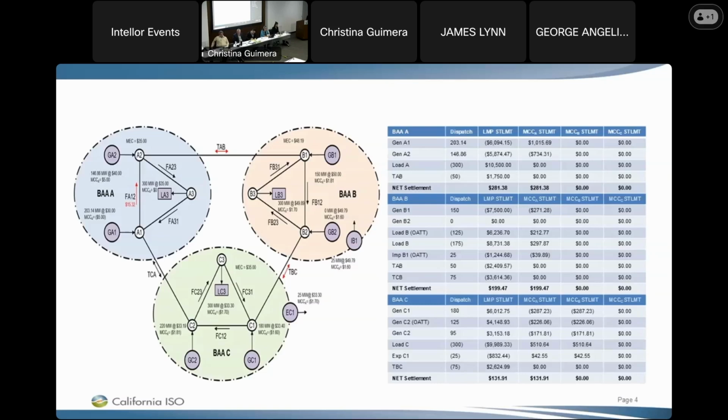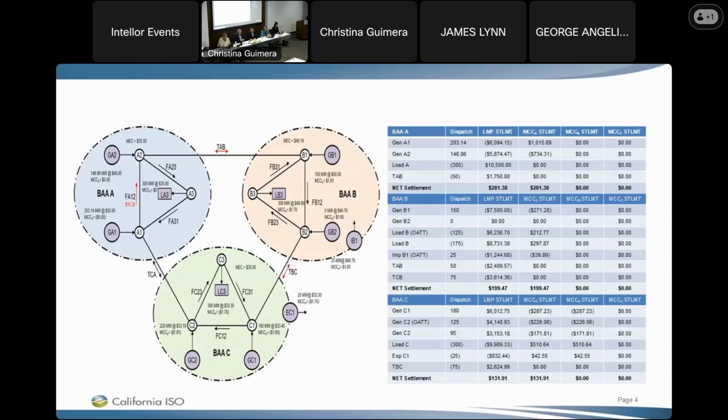However, since BAB is limited in the transfer on the import direction, we had to dispatch more generation within that BAB. So its marginal energy cost was $48.19. So I have a $13.19 differential between BAB and the corresponding BAA and BAC marginal energy costs.